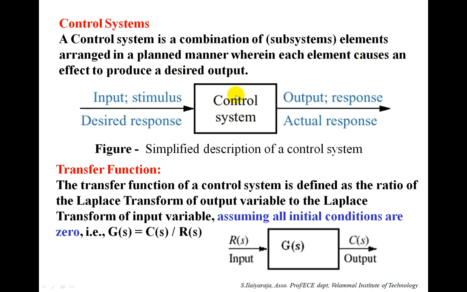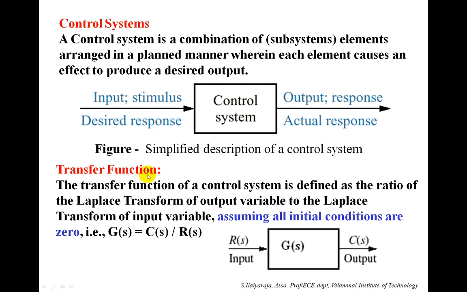You can see the simple diagram. You are giving an input to a control system, then based on the input the system produces an output, which is called the response. When you are giving input, that is the desired response, and the output of the system will give you the actual response. This figure represents a simplified description of a control system.